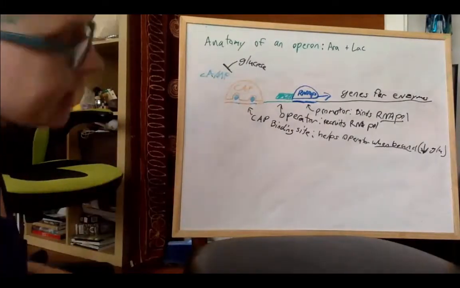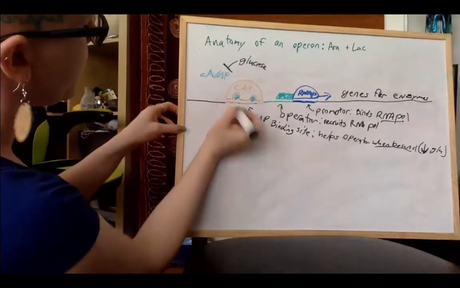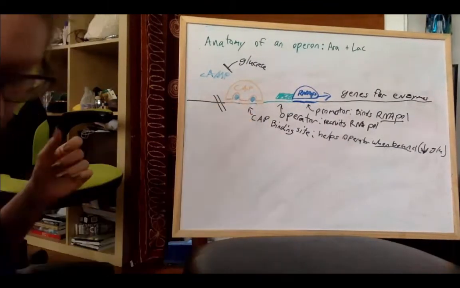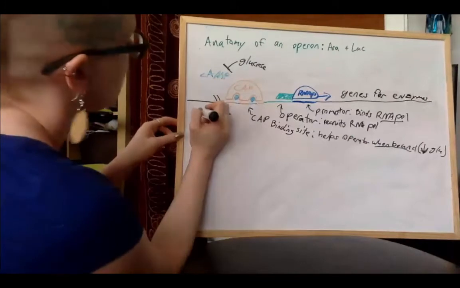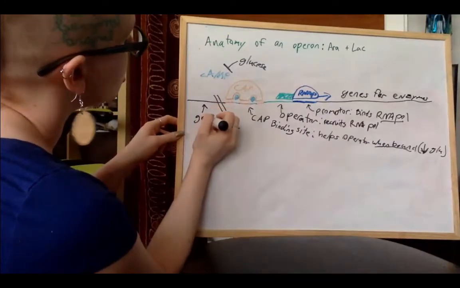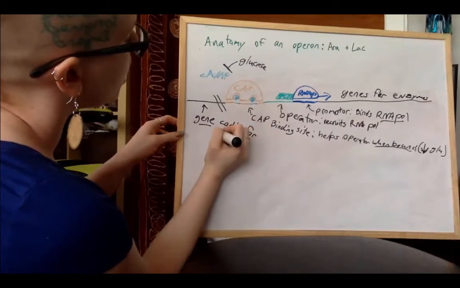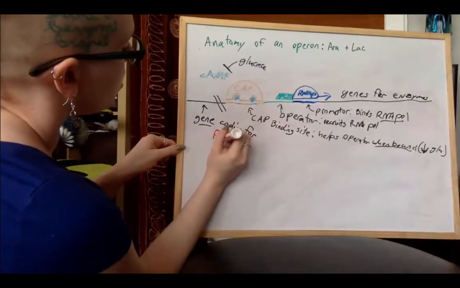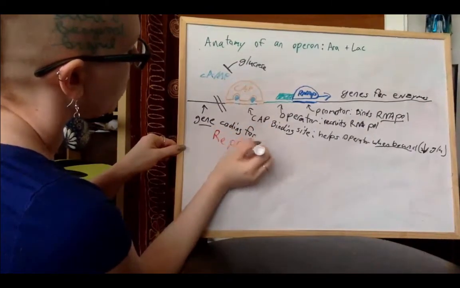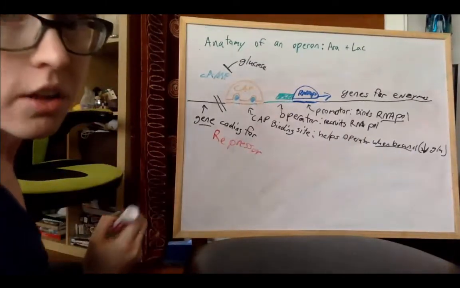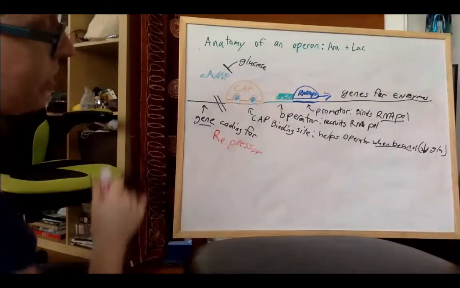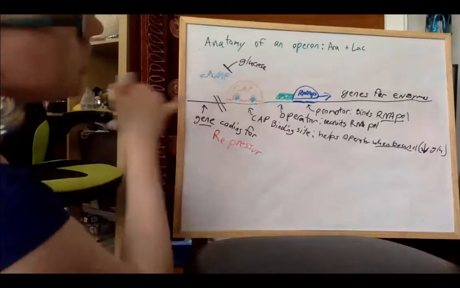Another gene that is somewhere else, we're going to put it right here. And this gene coding for repressor. So this is the gene that codes for the repressor. It is not the repressor. It is just a gene.